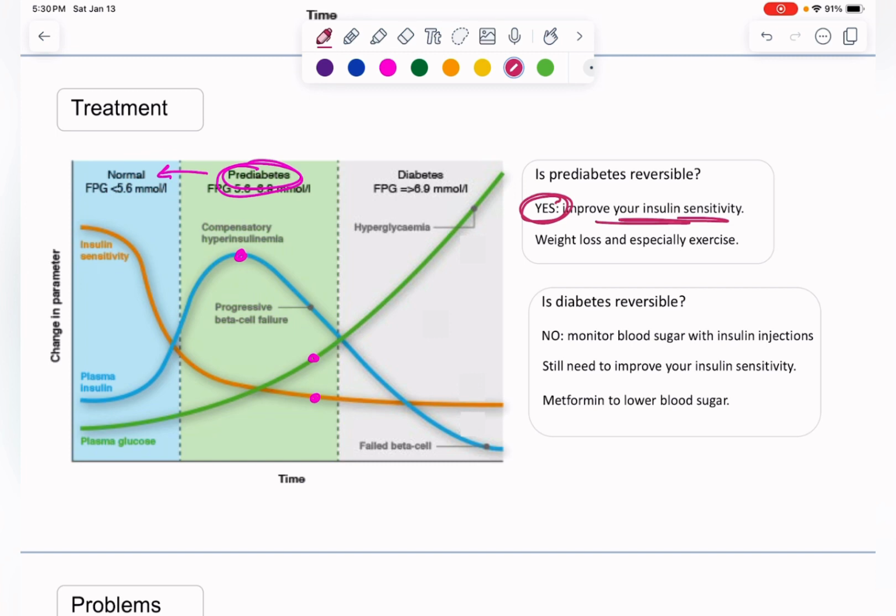So your insulin sensitivity can go from this poor state, and it can actually be reversed back up into this high state of insulin sensitivity. And studies have shown that weight loss, and especially exercise, is a proven effective way to improve that insulin sensitivity and to go from a pre-diabetic back into a healthy state.